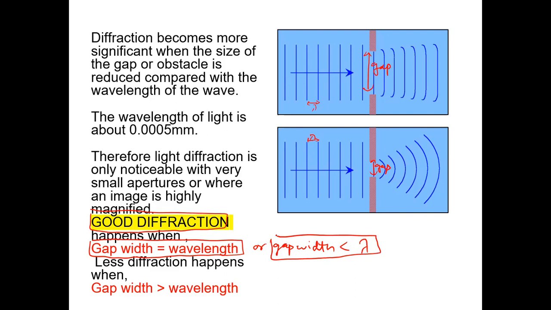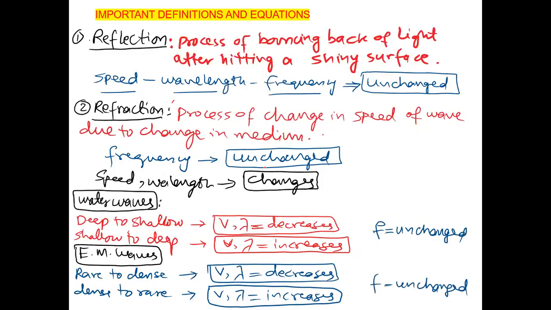Then more diffraction will be there, like more bending, like in this case. And when the gap width is more than the wavelength, then less bending is there. So this is diagram 1, and this is diagram 2.